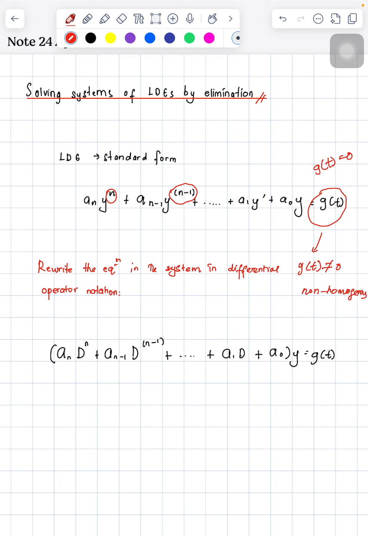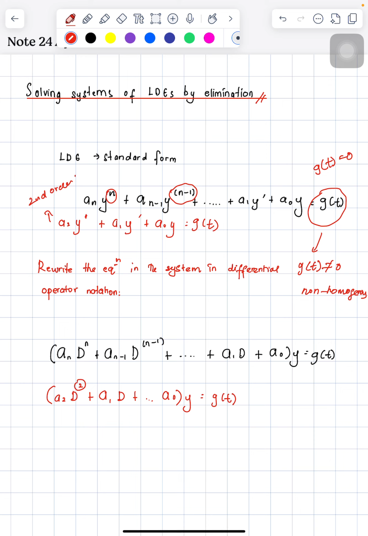Let's say we have a second order derivative, so the equation becomes a2 y double prime plus a1 y prime plus a naught y equals g(t). To transform this second order equation into operator notation, it becomes a2 D squared plus a1 D plus a naught, y equals g(t).